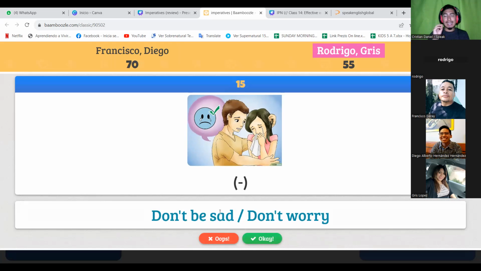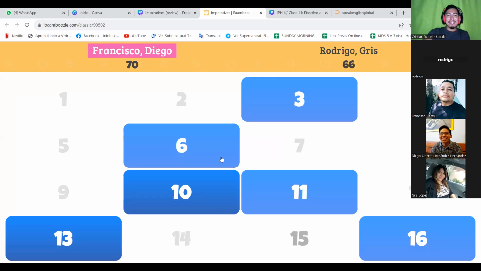Even though we don't have it in these answers, in the picture you can see that the girl is crying, so don't cry. Yeah, that's right. She's crying, so saying to one person, don't cry, is possible. It's not very useful, but it's possible. I say this, guys, because when you say to someone don't cry, that person starts crying even more. Okay, don't do it. Thank you. Very good, Rodrigo. That was a nice example.